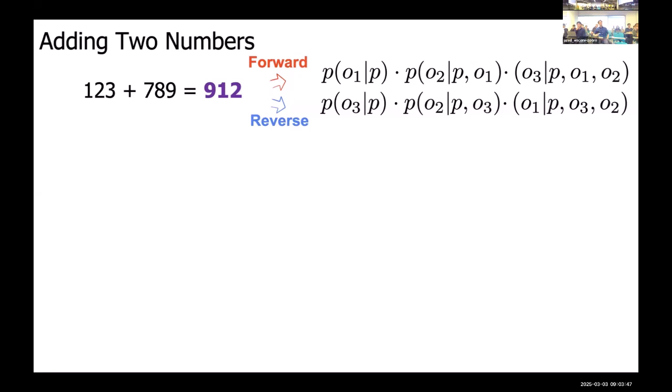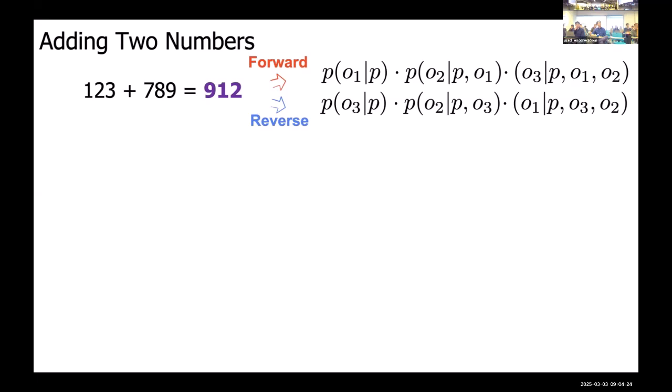If I use digit-by-digit tokenization, then predicting the answer 912 from left to right is a very complex function, because to predict the first digit, you have to see all the tokens in the prompt. You have to compute all the possible carryovers, and only after that can you compute the first digit. On the other hand, if you predict the third token first and go backward, predicting 2 is super easy because you only have to look at 2 numbers and do a simple addition.